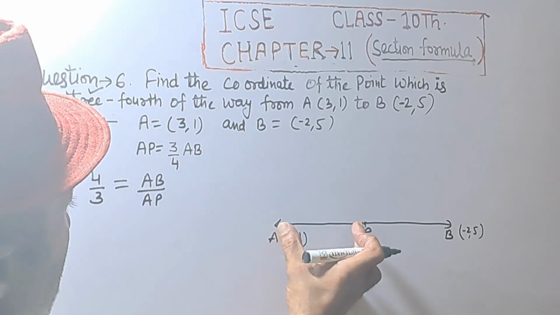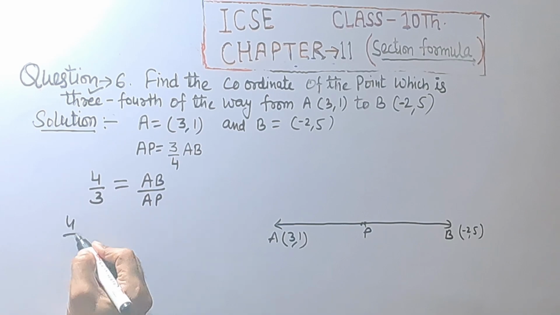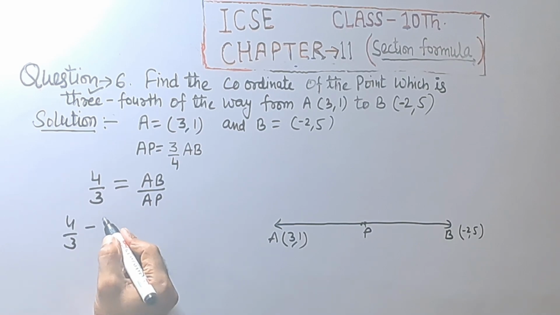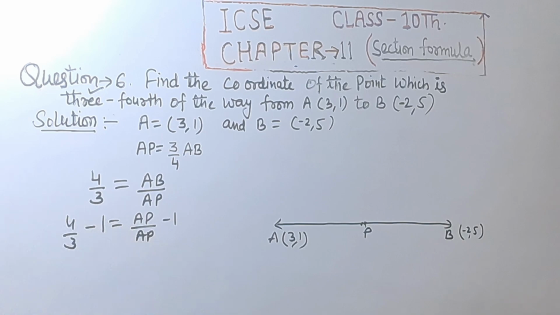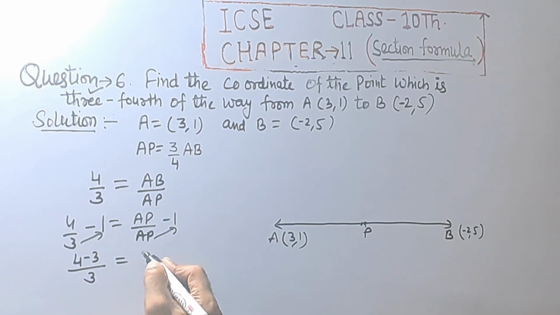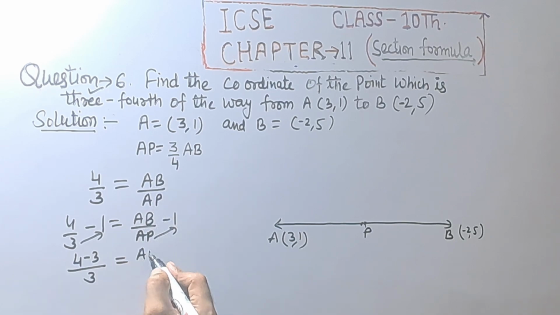We find the ratio AP to PB. Subtracting 1 on both sides, 4 upon 3 minus 1 is equal to AB upon AP minus 1, so 4 minus 3 upon 3 is equal to (AB minus AP) upon AP.